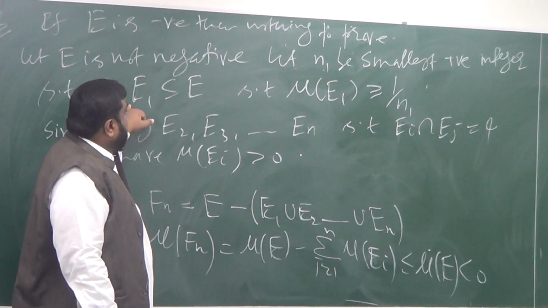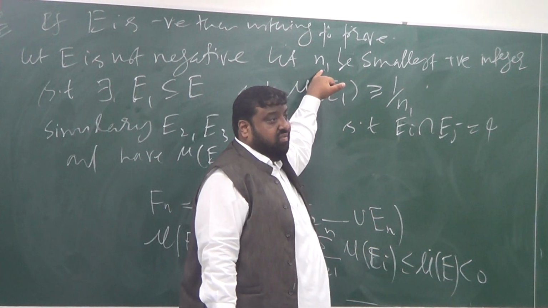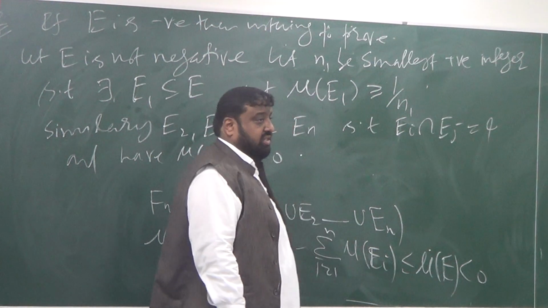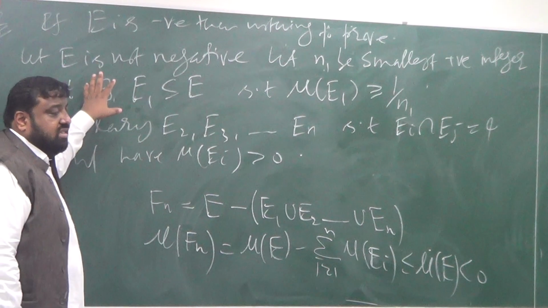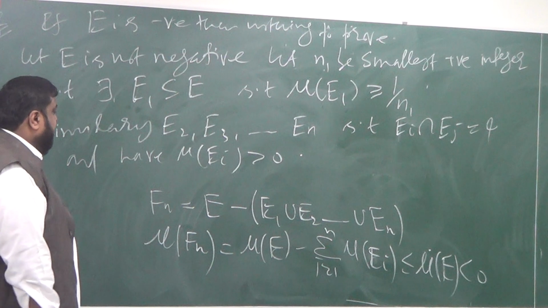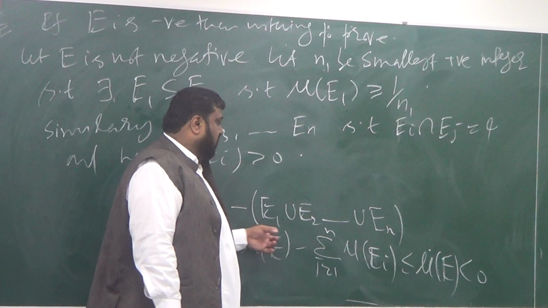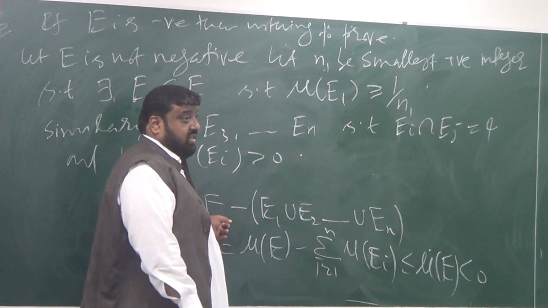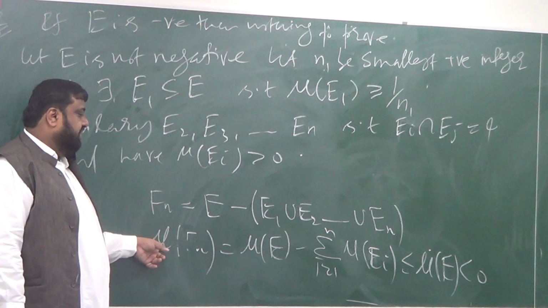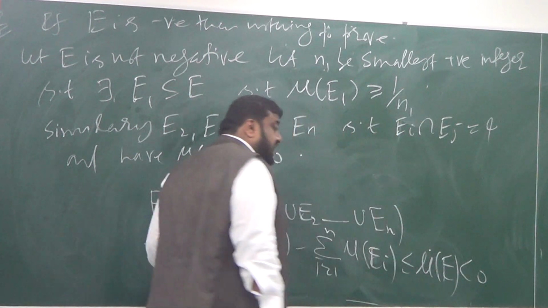And if E1 has a positive measure, then I can always find the smallest N1 such that the measure of E1 is bigger than or equal to 1 over N1. Similarly, I can find E2 and E3 and E4 and so on. Then let's remove all these sets from E. Once you remove them and call the result Fn, the measure of Fn must be negative. But is Fn our required set?